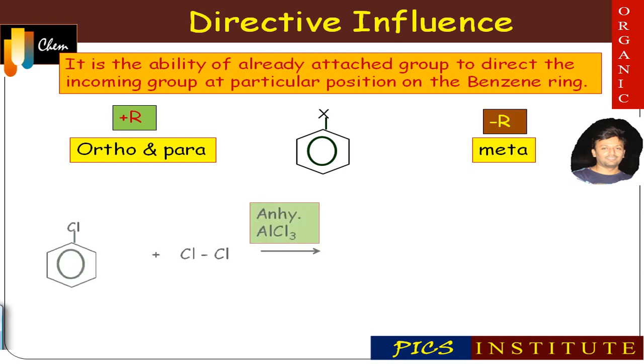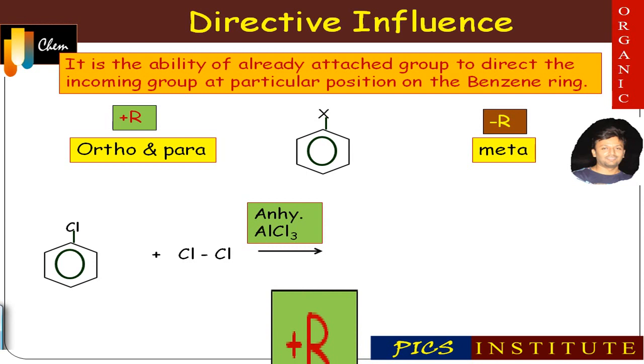For example, if we have the reaction of chlorobenzene with Cl2, first of all, see the nature of the group attached to the benzene ring.